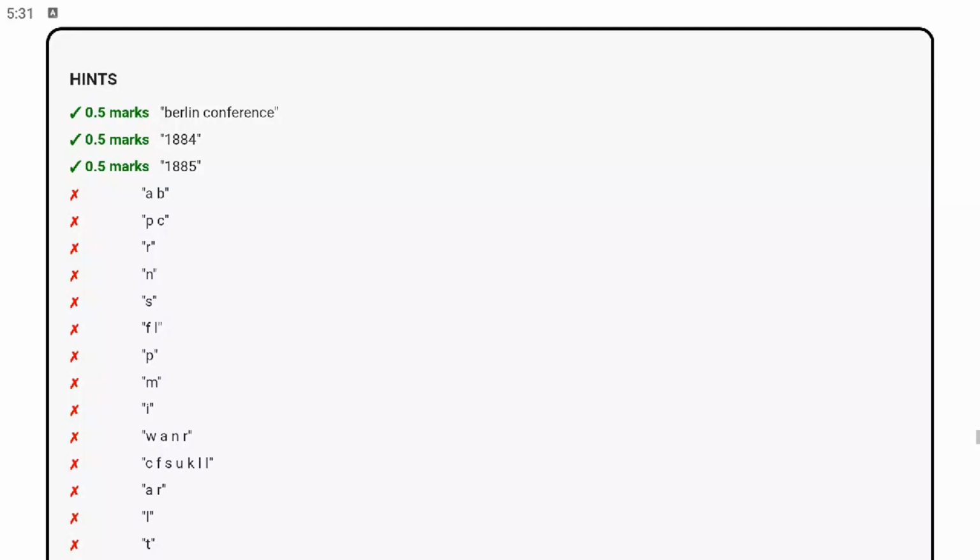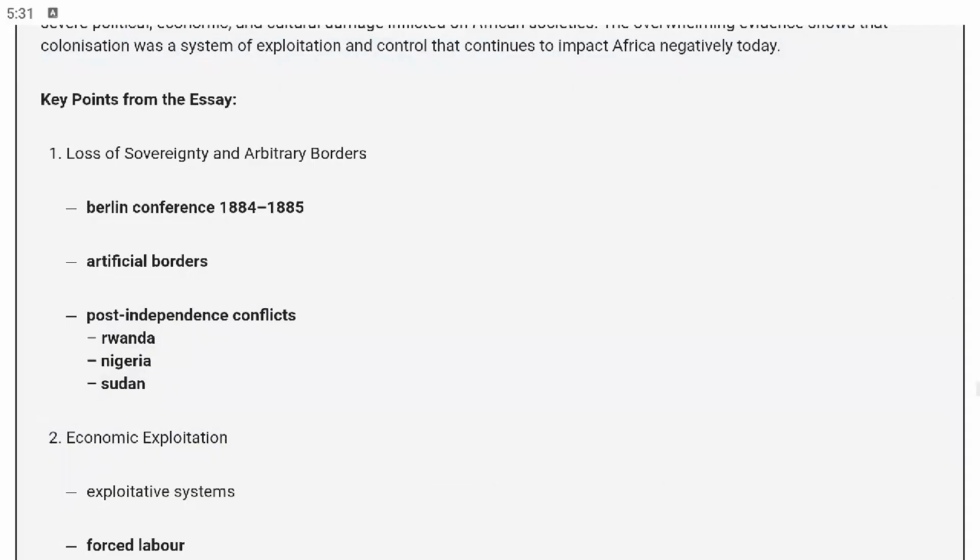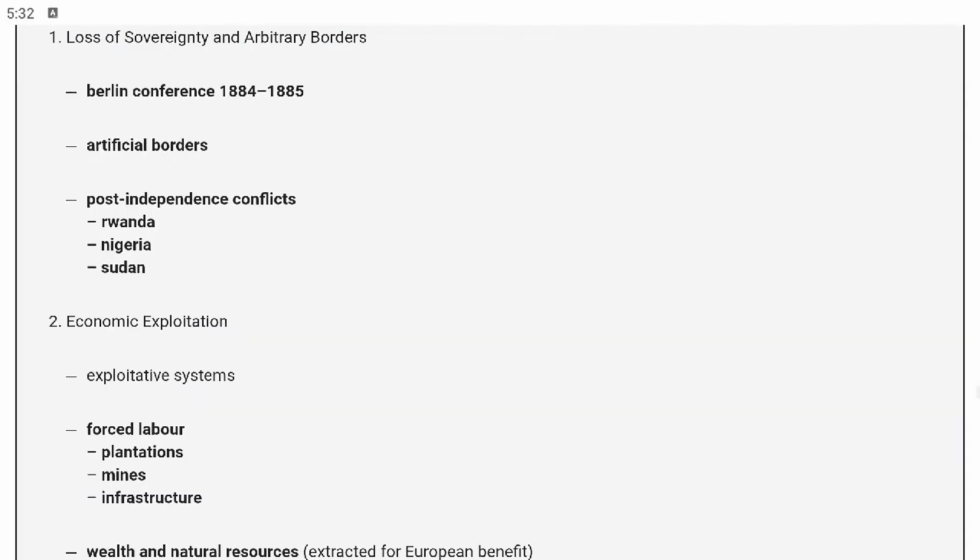So AB, artificial borders, right? Can you see it? A is the first letter of the word artificial, and B is the first letter of the word borders, right? Same applies for the rest of the keywords.